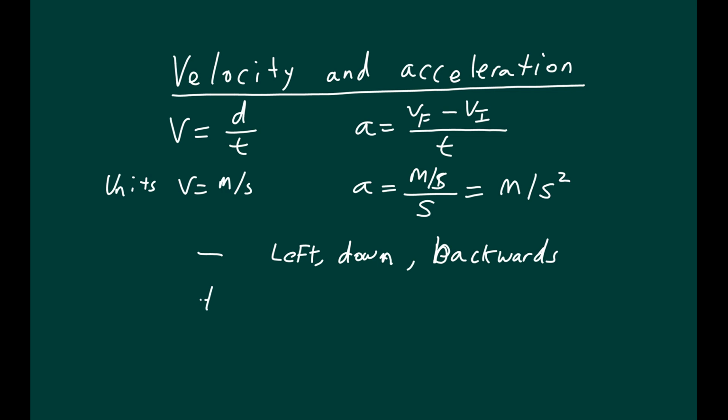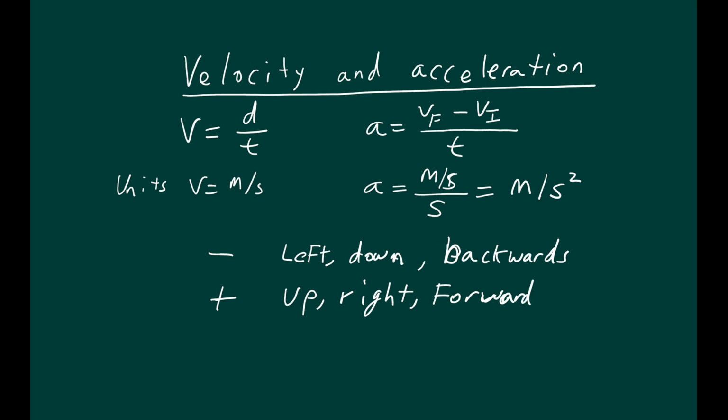Okay, a positive number just means you're moving up or to the right, or sometimes forward. So don't be surprised if you get negative answers on some of the problems on the worksheet or for practice.